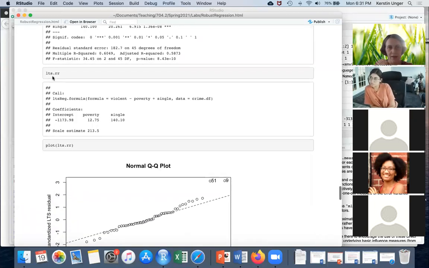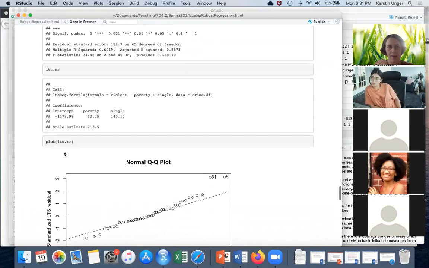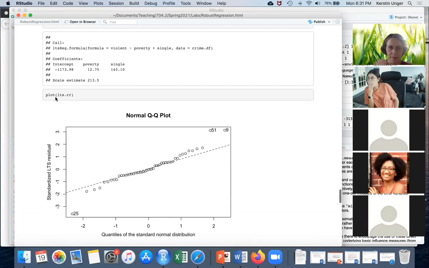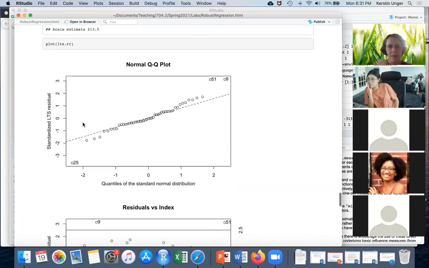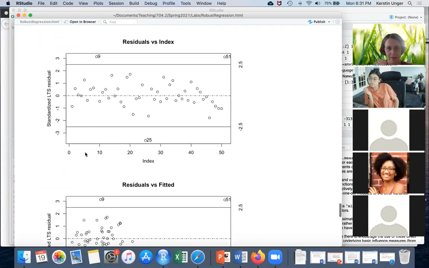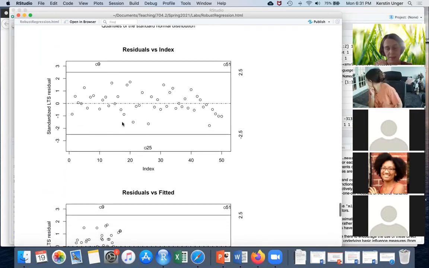And then you can basically use the same regression-related functions that are available for LM. So you can use a plot function to get some diagnostics. So you get your QQ plot, right? That is a little bit modified here because it's a different method.